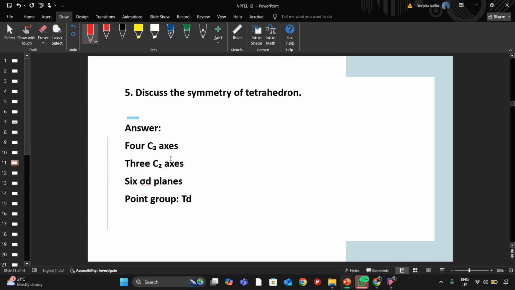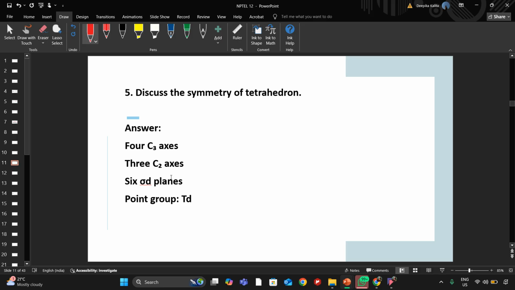And apart from that, we have three two-fold axes. That means three C2 axes. And when it comes to mirror planes, we have six sigma d planes present in a tetrahedron molecule.